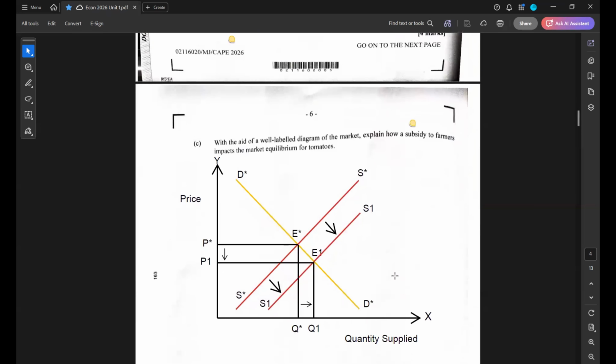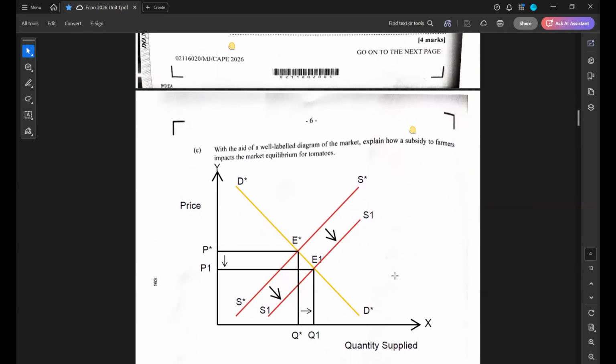Now, this is our diagram right here. On our y-axis, which is a vertical line, we have our price, and on our x-axis, we have the quantity supplied, okay? Now, why quantity supplied? Because supply is being affected here, right? Cost of production, to be more precise, is being affected here, which is a non-price determinant of supply, okay?